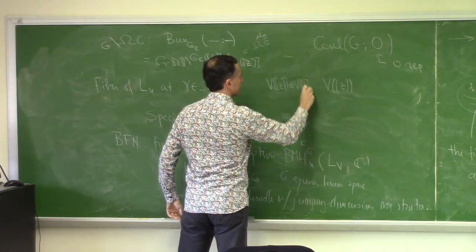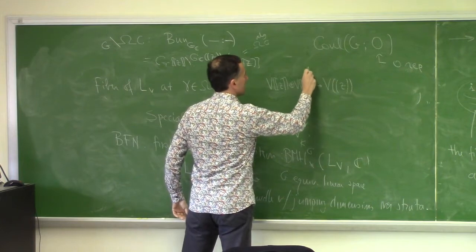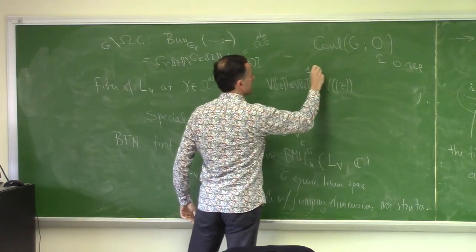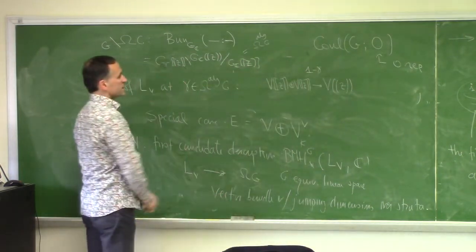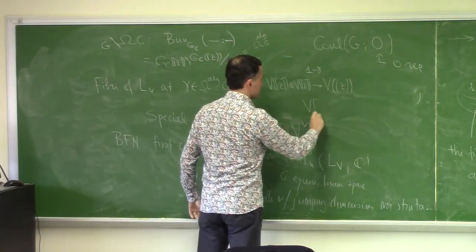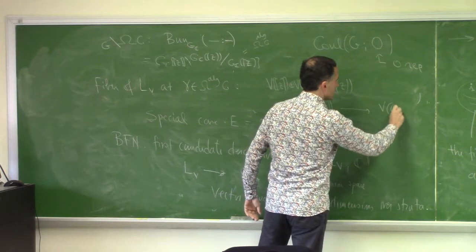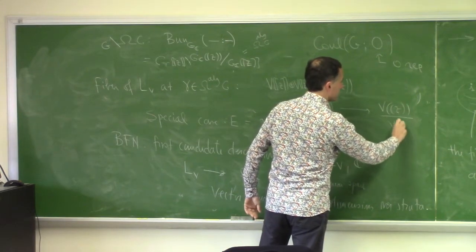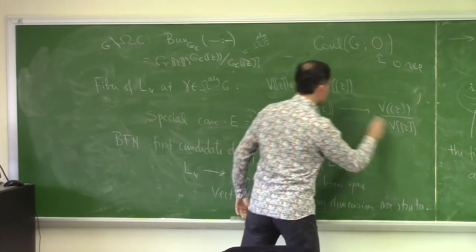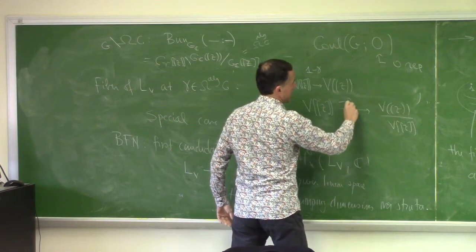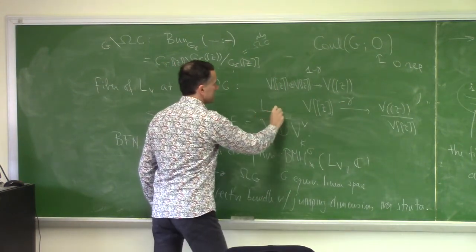One map is the inclusion, and the other map is subtract the twist by gamma, or you can write just one map going to principal parts, and the map is just gamma minus gamma. Okay?